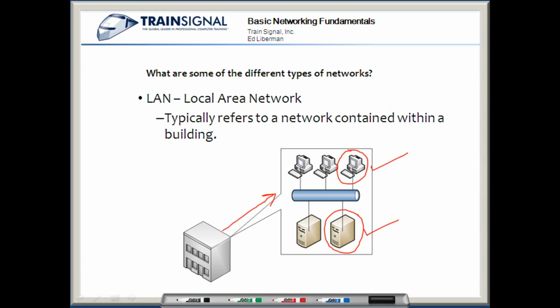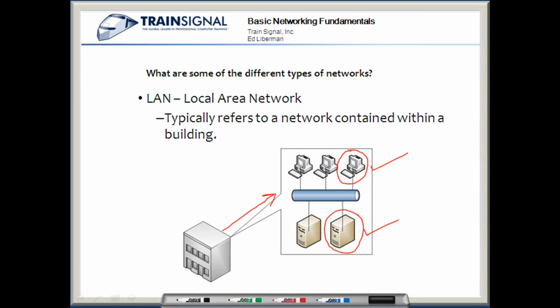If you're in the building, you're using your own cabling, so it's a local area network. But as soon as you go to the phone company, let's say, and get some form of external communication using a third-party source, you're no longer part of a LAN. Okay, maybe yes, maybe no.